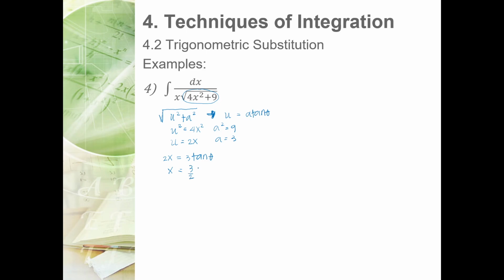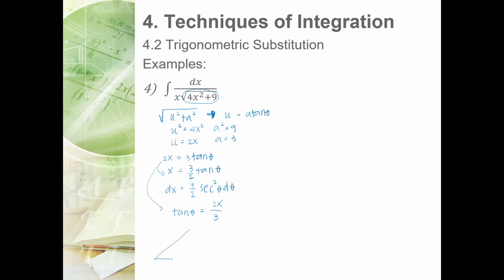So this becomes 3 halves tangent theta, and this is the time we're going to derive this one. So dx is equal to 3 halves secant squared theta d theta. Okay, so again, isolating the trigo function. So this would give us tangent theta equals 2x all over 3.